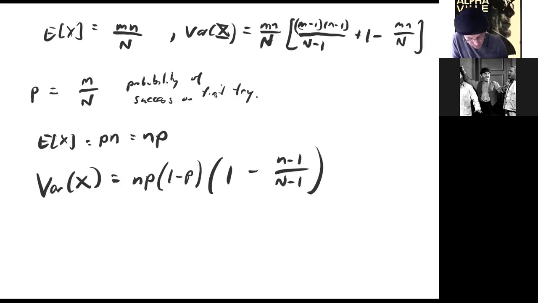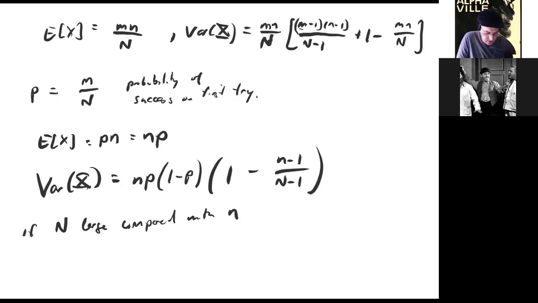And let me point out something very interesting. If capital N is very large compared with lowercase n, the sample size, so you have a very large population you're drawing from, but the sample size is small, then notice that n minus 1 over capital N minus 1 is very small.